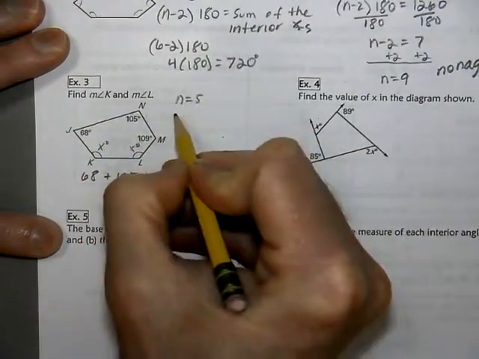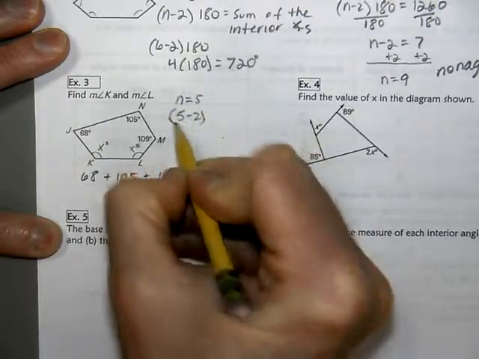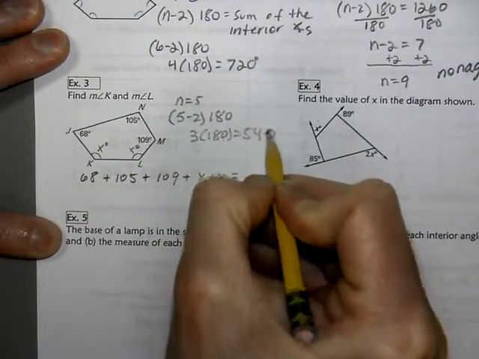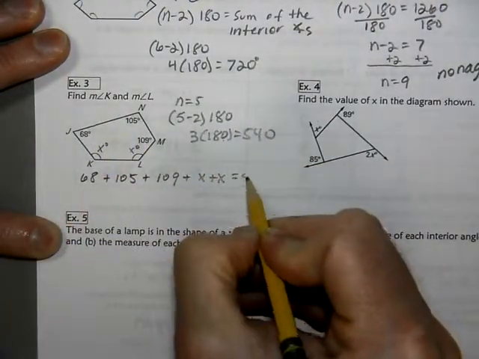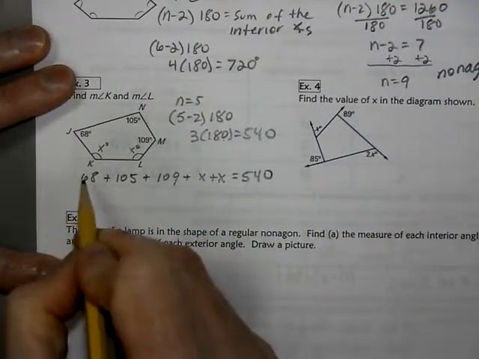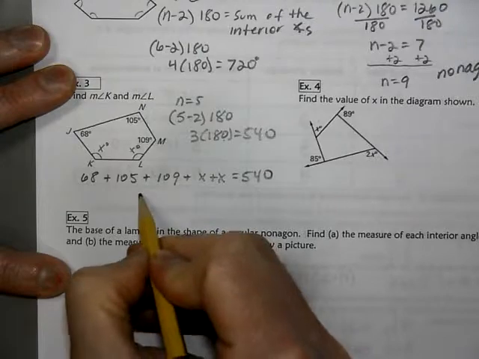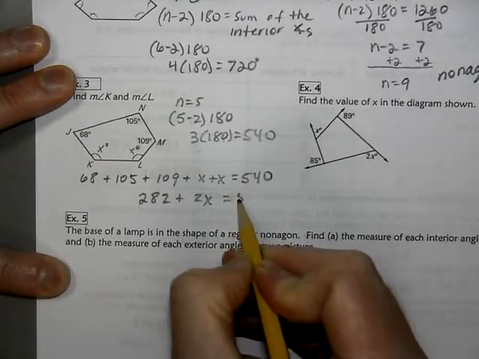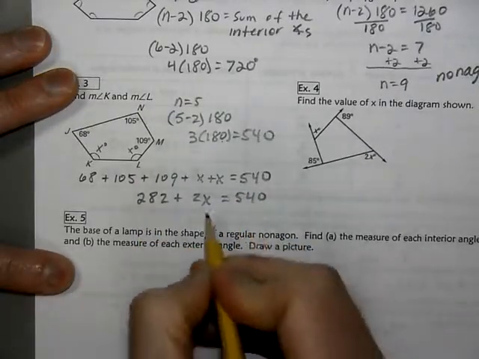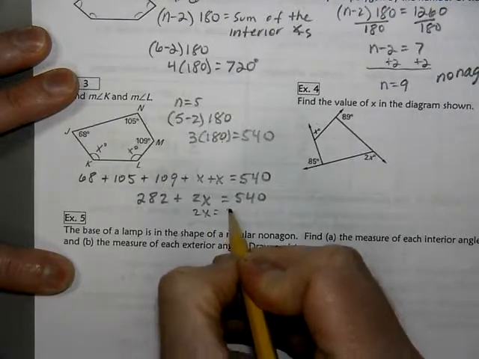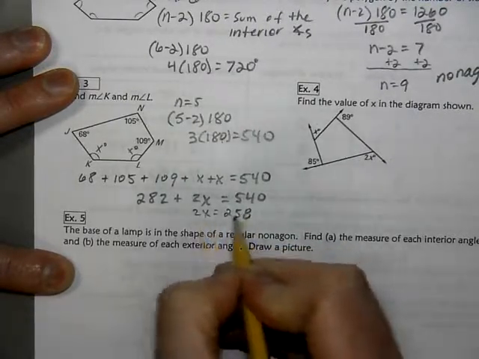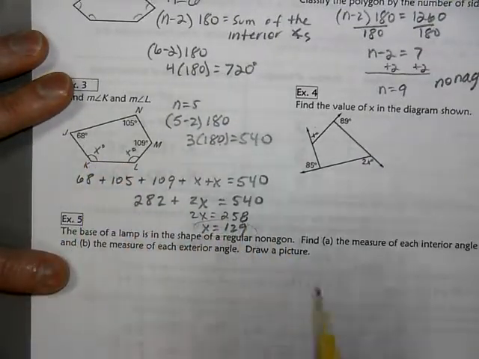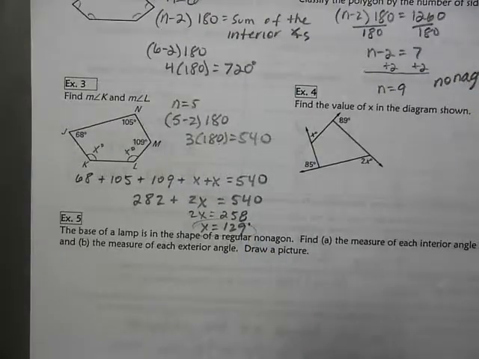If n equals 5, then 5 minus 2 times 180, 3 times 180 equals 540. So we know that all the angles need to add up to 540. 68, 105, and 109 add up to 282, plus the 2x still equals 540. Subtract the 282 across, and that'll come out to 258. Divide by the 2, and we get 129. So both our x values are 129 degrees.